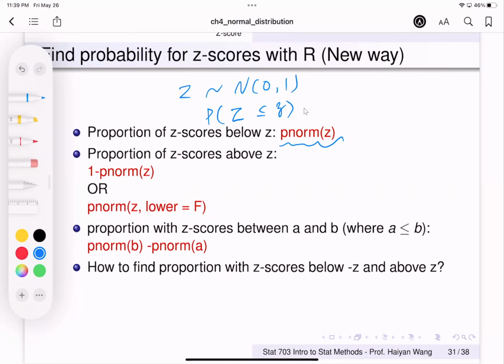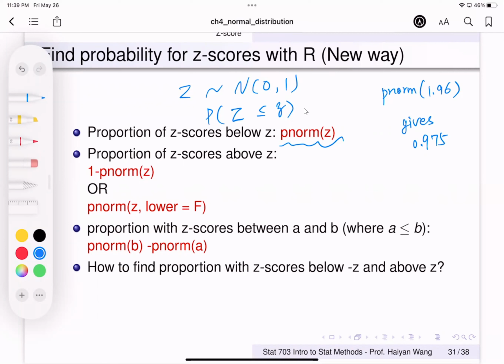After you open R, type pnorm with parentheses; for example, put 1.96, and that gives you a probability of 0.975. Similarly, pnorm of 1.645 gives you 0.95.